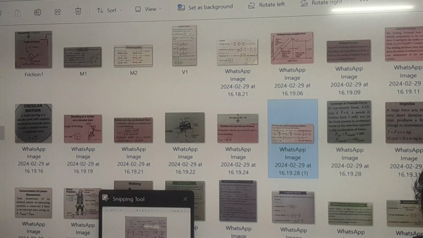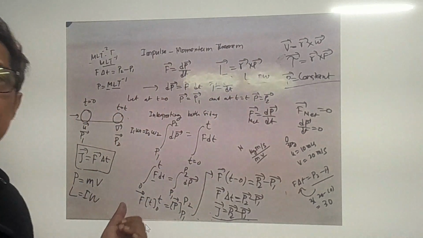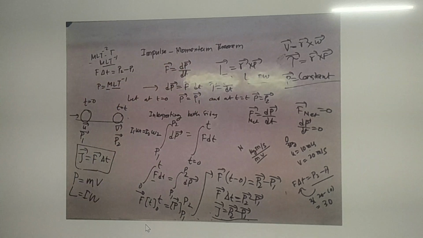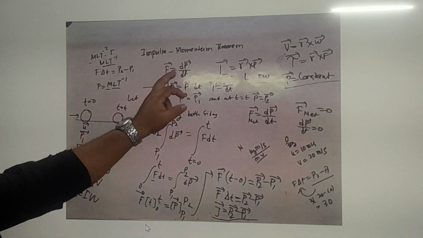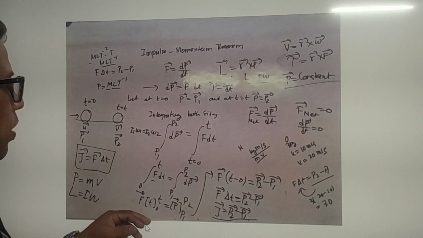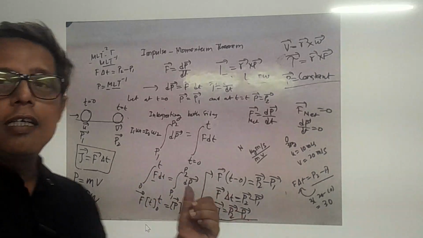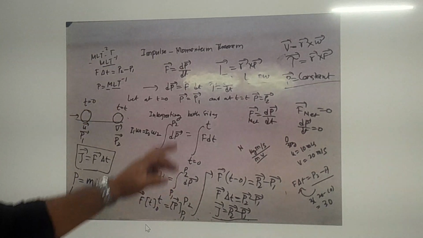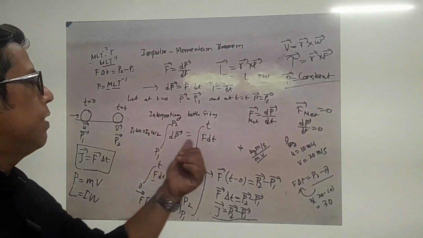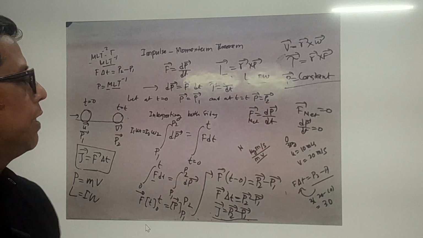Now let me go to one more slide on this part. This derivation is where we get the impulse momentum theorem. We know that force is equal to the rate of change of momentum. Now we will show that impulse is the change in momentum. This is called the impulse momentum theorem. Since F is equal to dp/dt, I can write dp is equal to F dt.